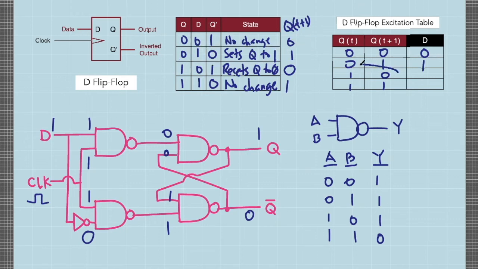Next, where initially Q is 1, then after one clock pulse, it becomes a 0. This is similar to this third case. And this is possible when you supply the data signal with 0. And finally, you have this case wherein initially your output is logic 1, but after one clock pulse it didn't change and it's still 1, and this is similar to this case wherein you supply the data signal with a value of logic 1. So this is our excitation table for D flip-flop.